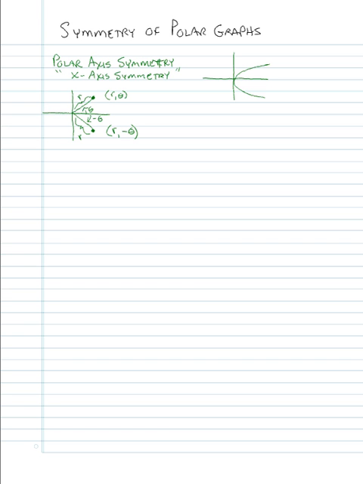We'll use the equation, determine if r equals 5 plus 5 times the cosine of theta is symmetric about the polar axis.